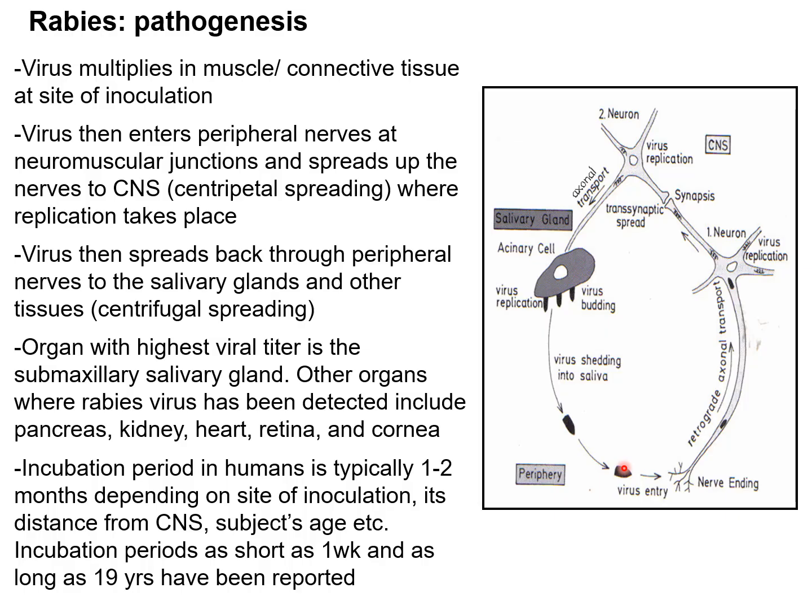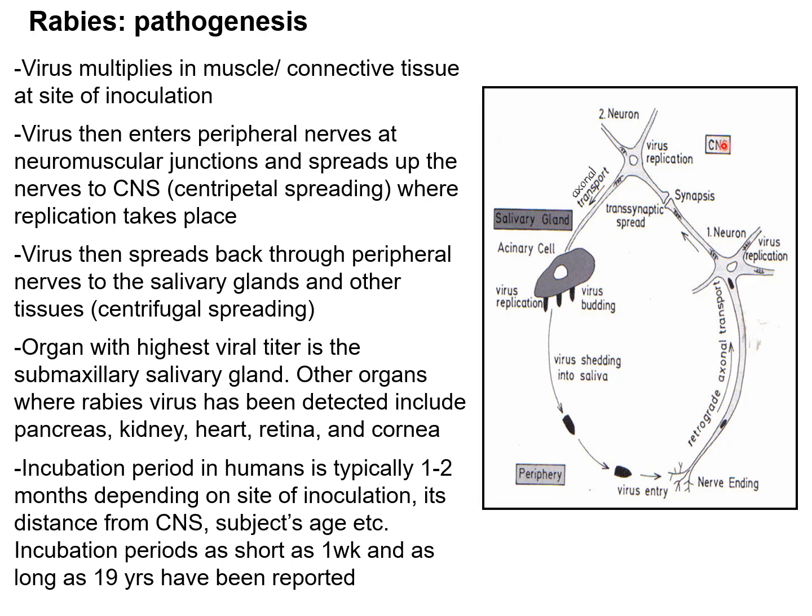After the incubation period, the virus will move on from the muscle or the connective tissue and into the nerve endings. It enters the peripheral nerves at the neuromuscular junction and then spreads to the central nervous system. We call this centripetal spreading.